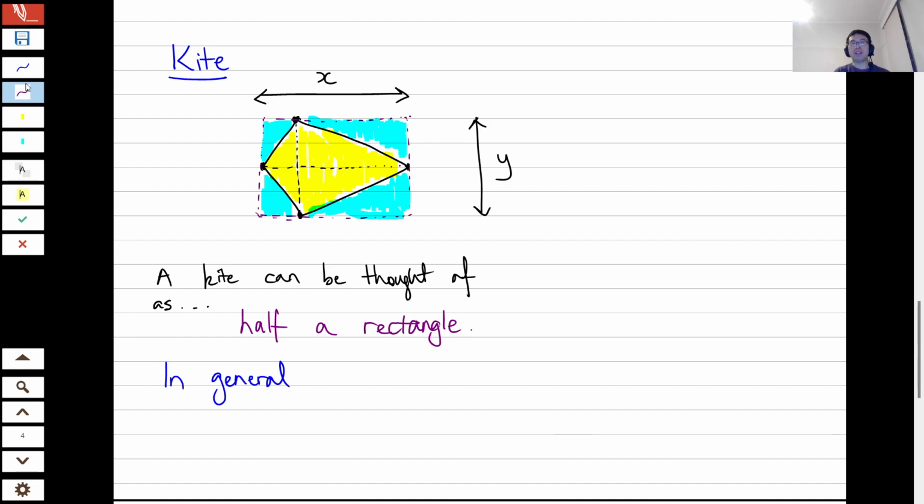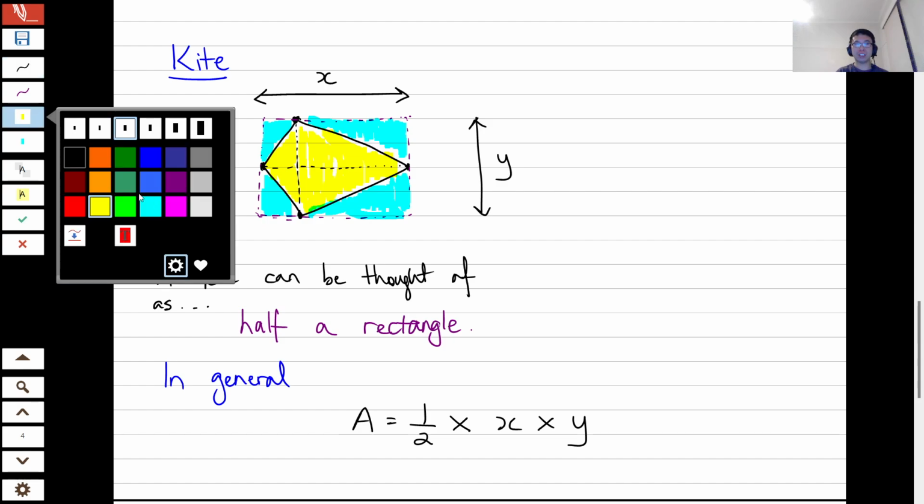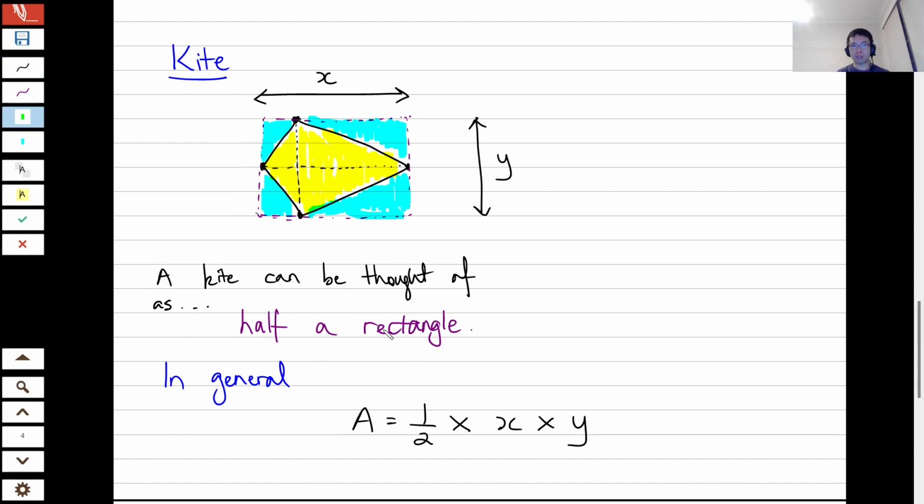So if I define my rectangle to be x by y, then to account for the fact that my kite is half of the rectangle, I need to take the area of the rectangle and multiply by half, just like we did for the triangle.